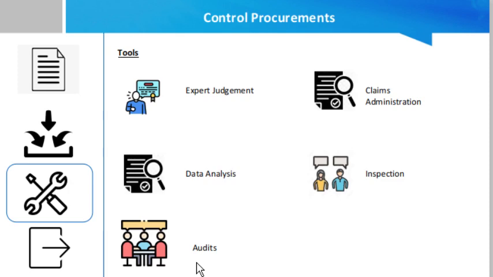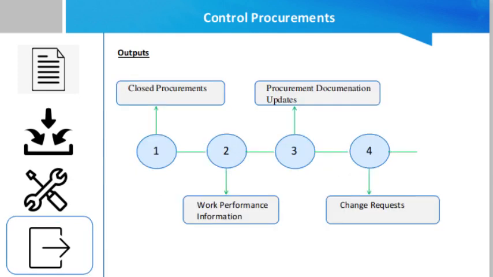For example, to check whether there is any illegal act, like any bribe, whether the procurement was done as per the rules and regulations, and whether the procurement is as per the requirement and very transparent, the contracting was transparent and no favoritism was done. So a third party is involved just to check all these things. So these are the tools for control procurement.